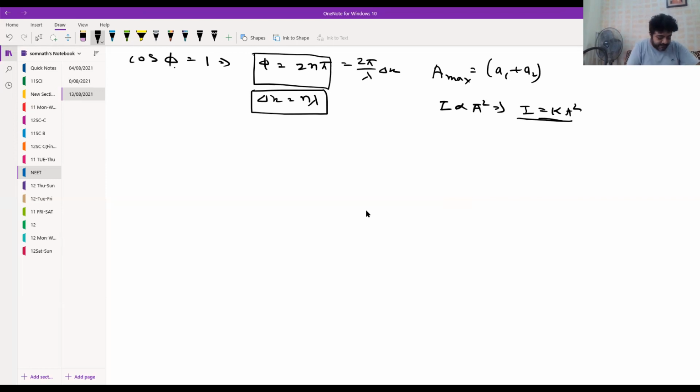the first one is the velocity of a transverse mechanical wave.